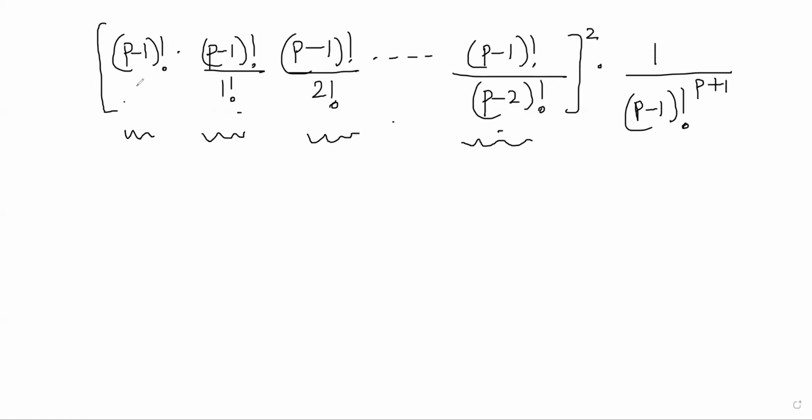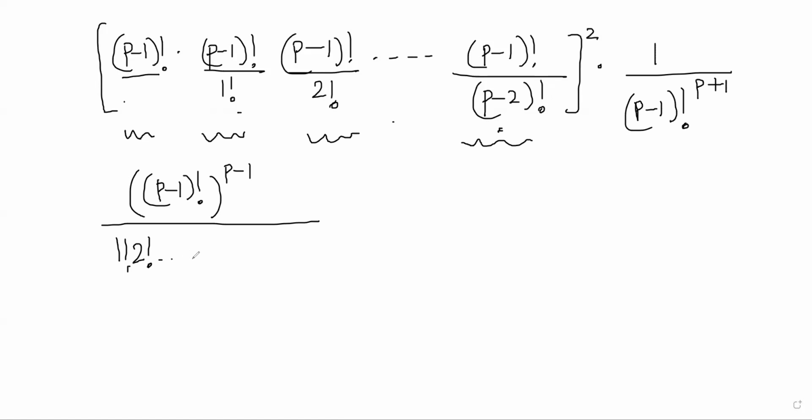Yeah, it goes from 0 to p minus 2 factorial. So p minus 1 terms, yeah. And what we can do is the top part can be combined and written like p minus 1 factorial to the power p minus 1 divided by 1 factorial, 2 factorial till p minus 2 factorial, and the whole thing is squared.